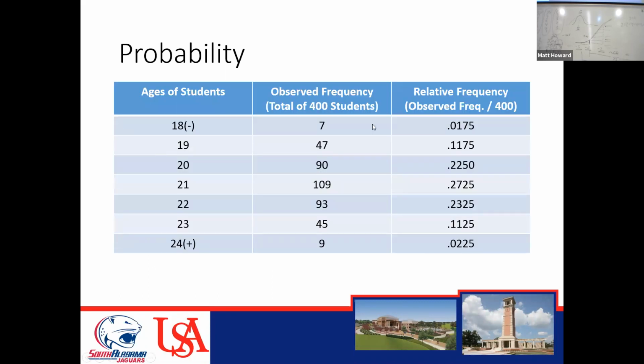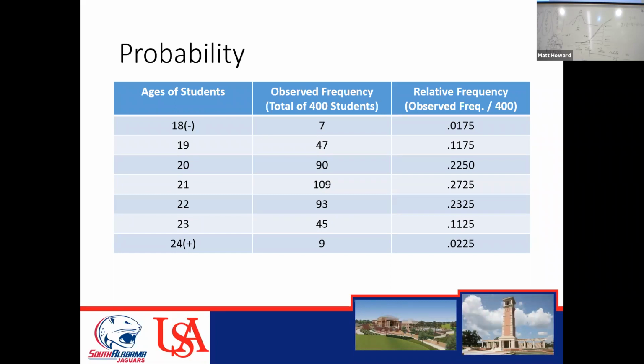Okay. So this would be an example of how we could get empirical probability for a sample or a population. In this example, I believe, this is 400 students. So we could collect a sample of 400 students, let's say from all across campus, and ask them their ages. And we could make a simple chart like this, where we have ages of 18 and below, 19, 20, 21, 22, 23, and 24 and above.